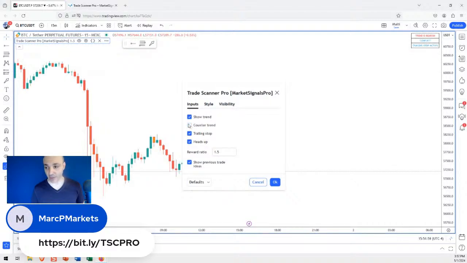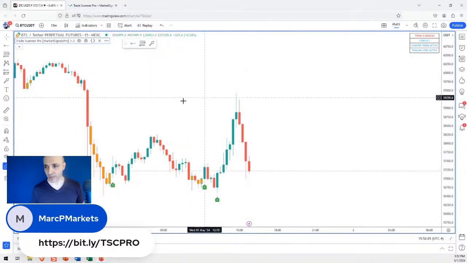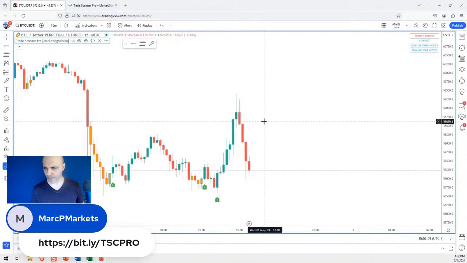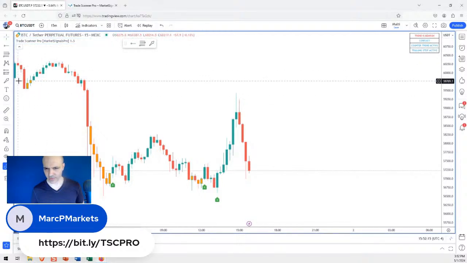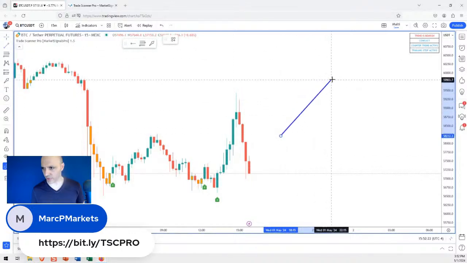What does counter trend do? Let me put counter trend on here for a moment. You can see some old trades on the chart. Counter trend, what it does basically is, when you have the trend on your chart, let me draw that back here. When you have your trend on the chart, like this, you have your trend.